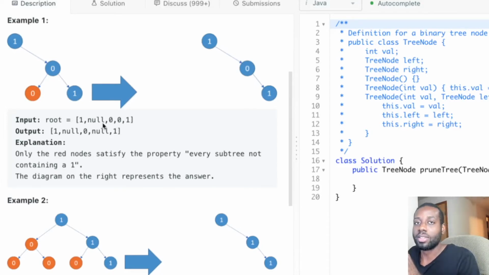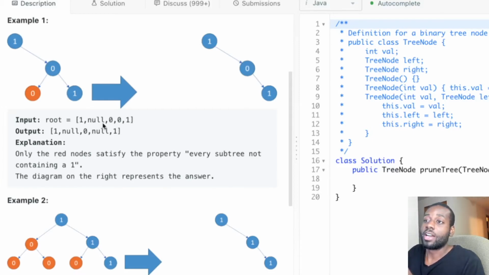We're going to visit our left subtree and our right subtree, and we get an answer back. If they're both null, and my value is zero, then I return to my parent and tell it, there does not exist a one in this subtree.